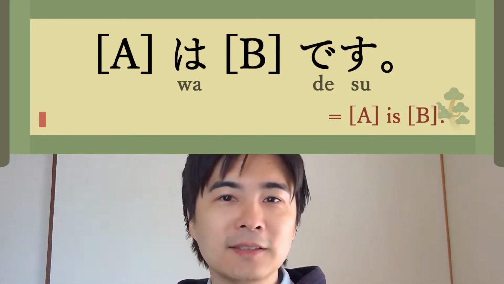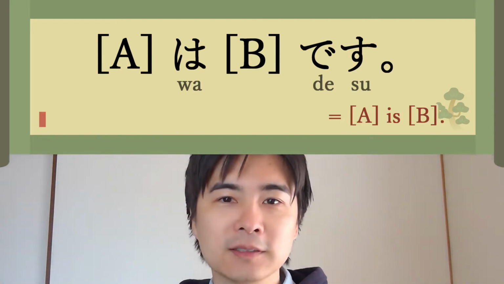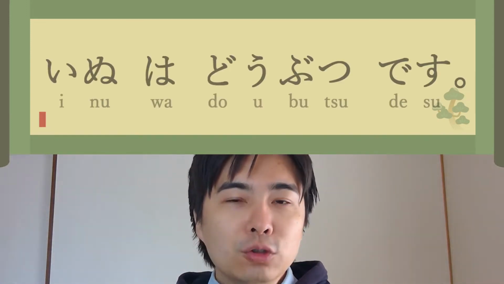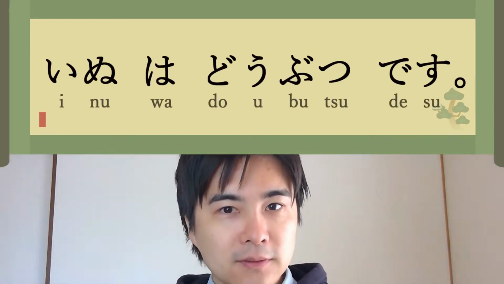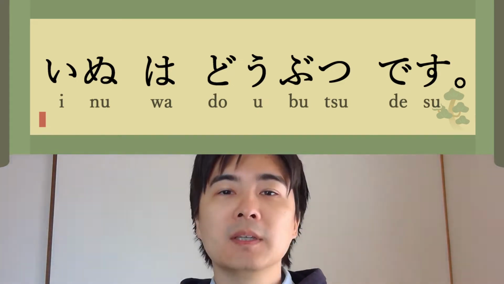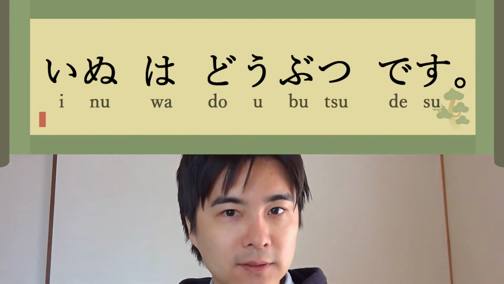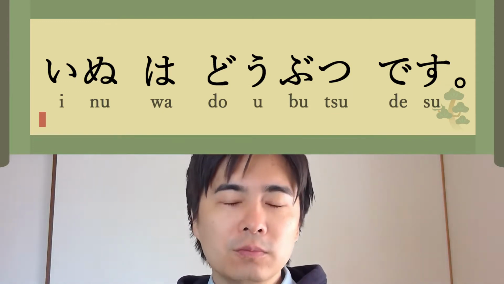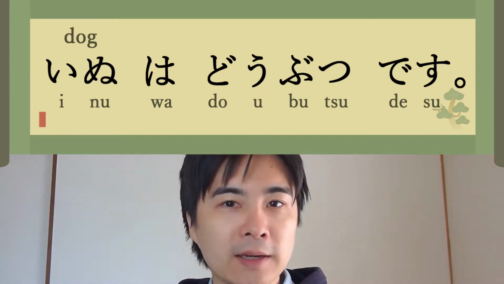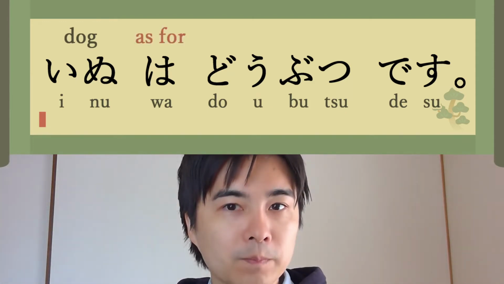Just in case, let's see another example sentence following the same sentence pattern. 犬は動物です。This means dogs are animals. 犬 means dog. は is a topic marking particle meaning as for.